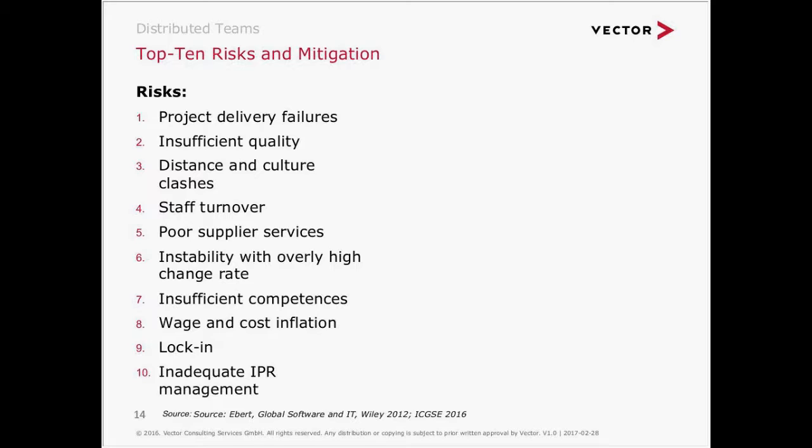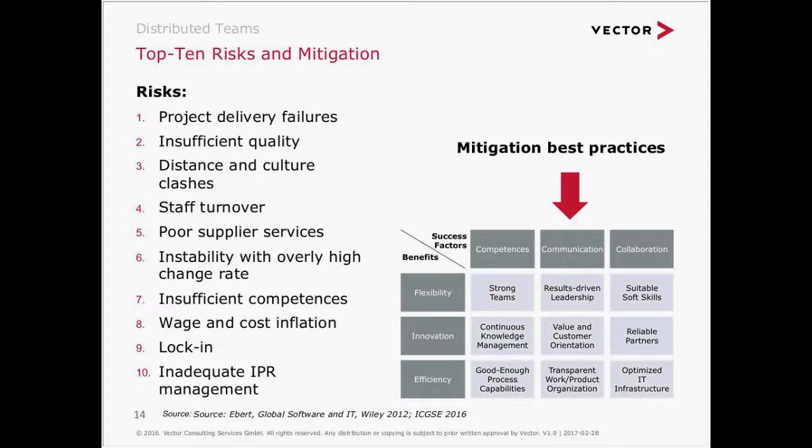It's about culture clash, misunderstandings, etc. Then come a lot of topics related to staff turnover, to supplier services, etc. And then the other 5 are more related to the underlying technologies and competences. But this can, of course, also be mitigated.